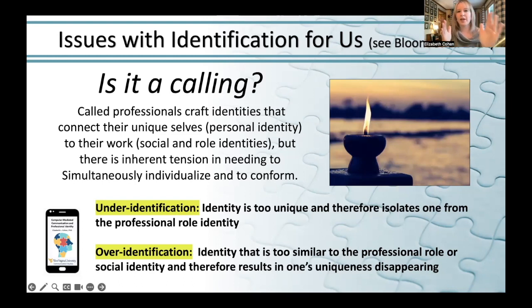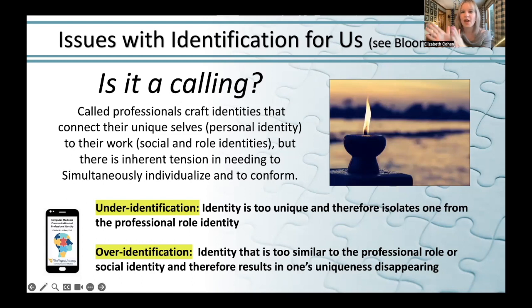So personal identity and social and role identities always conflict in that way, right? There's this tension between myself as an individual and myself as a member of some sort of group. But what the authors would say is, well, that's what the calling is, when you strike that balance.